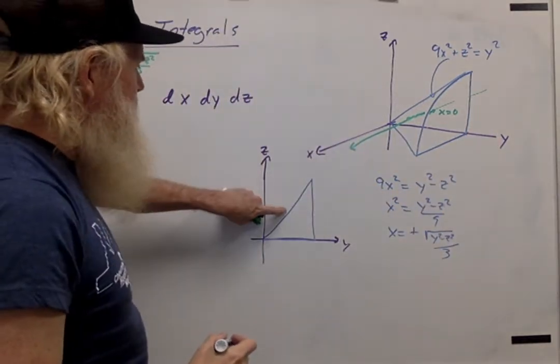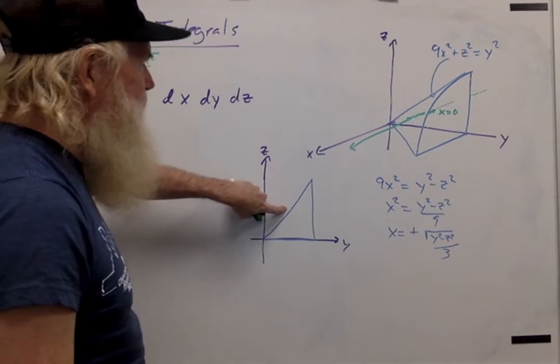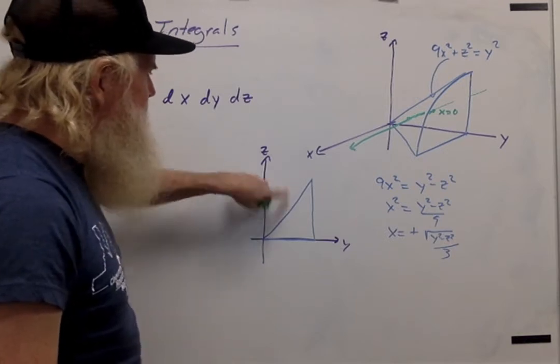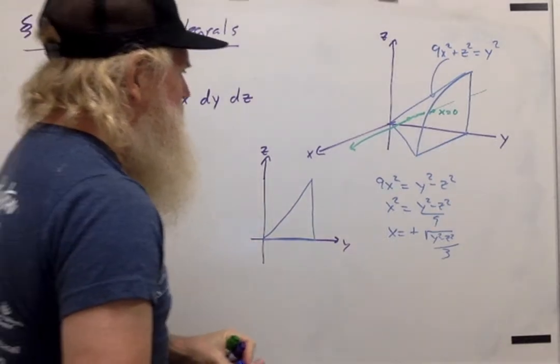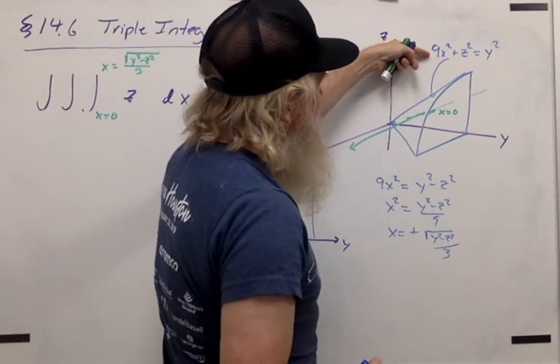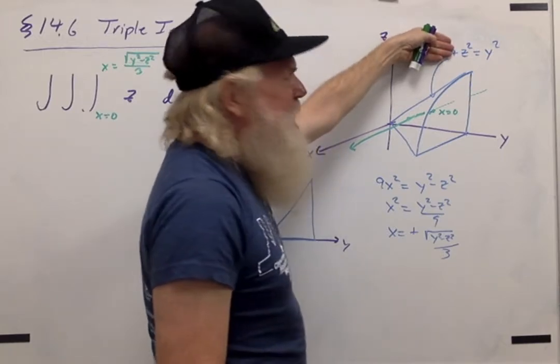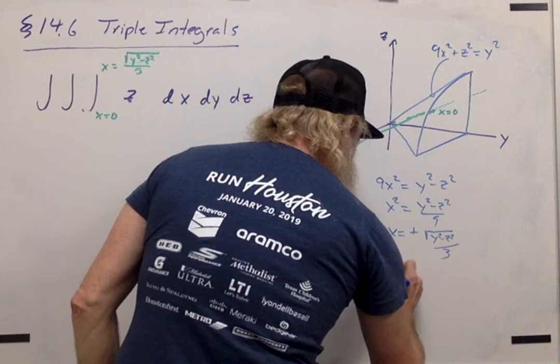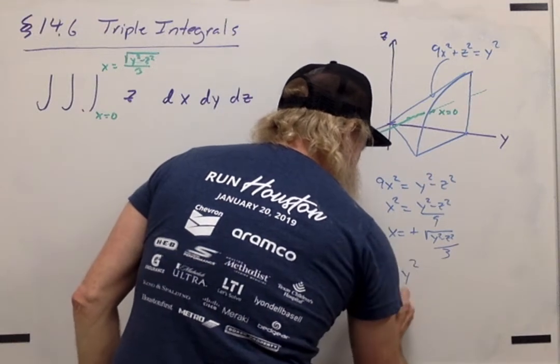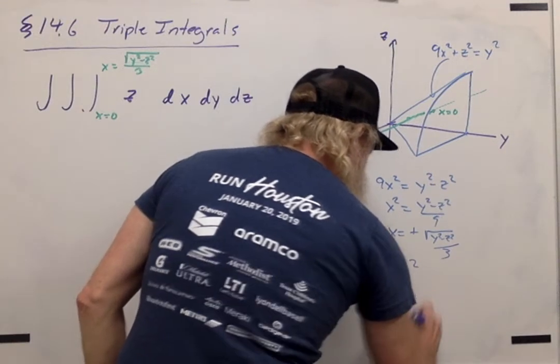So let's see if we can find out an equation for this edge. Since this is in the YZ plane, we know that x is equal to 0, and if I set x equal to 0 in this equation, I get that z squared equals y squared. So z is plus or minus y.